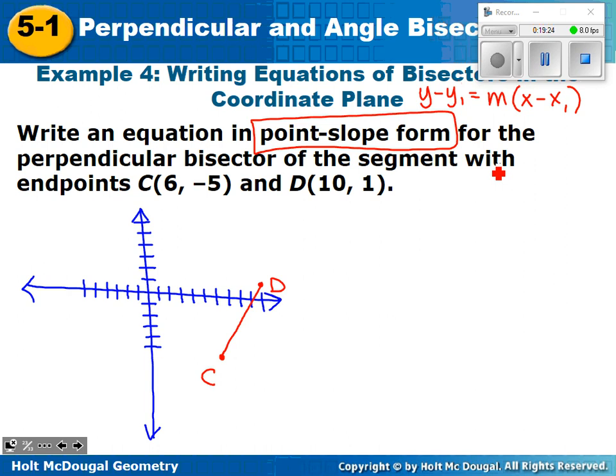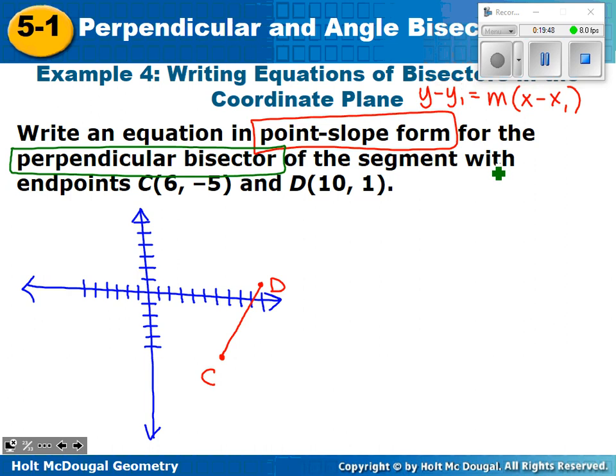Write an equation in point slope form for the perpendicular bisector of the segment with these endpoints. Is it asking you to write the equation for this segment? No. It wants the equation for the perpendicular bisector. So we're having to write an equation of a line that's going to go through this segment.